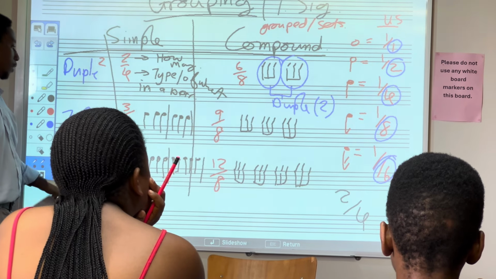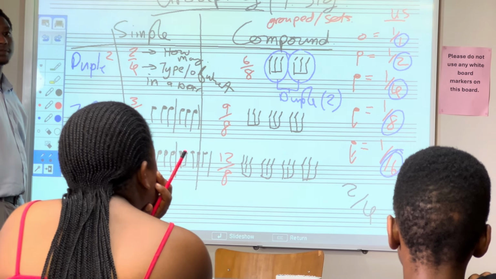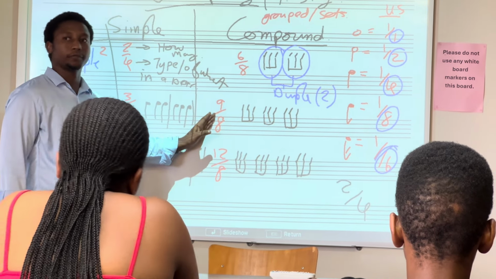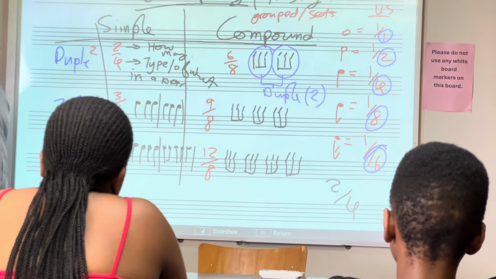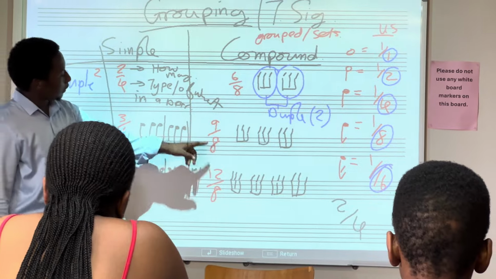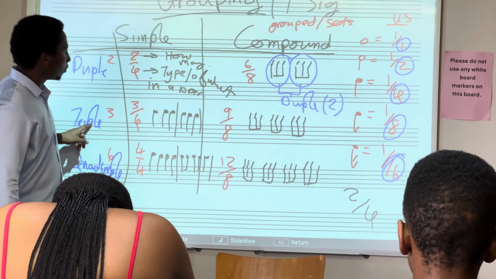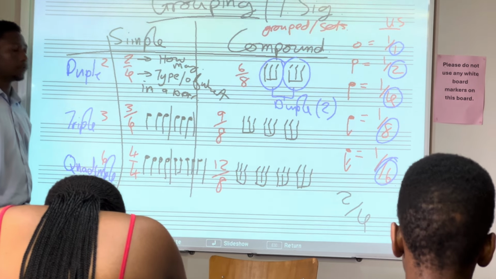Compound quadruple. So if they ask you, describe this type of time signature. 9/8 is 3 sets of 3's there. Therefore, compound triple.